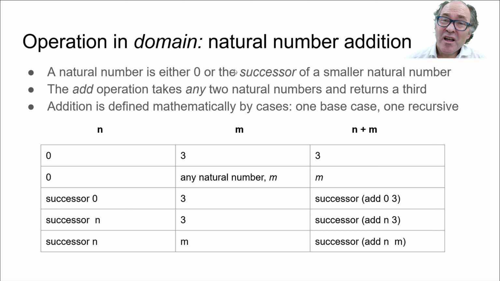Actually, let's talk about natural numbers, not the type nat, but real natural numbers in the real mathematical world of arithmetic. How is that set defined? How do mathematicians think about the set of natural numbers? Well, it turns out that they think about them inductively in just the same way that we've explained here.